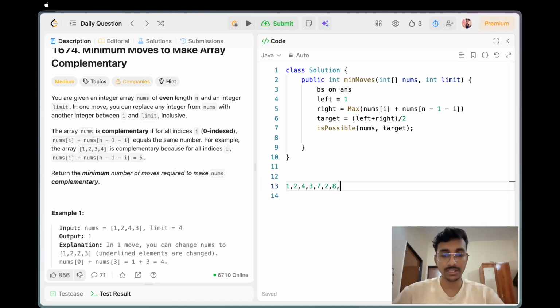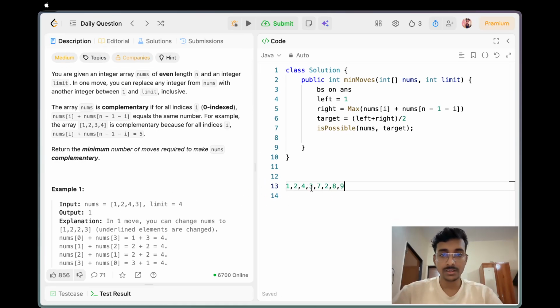So we have to have 9. Okay, then no, wait. Yeah, it's better. So what are the summations? 10, then again 10, then it's 6, and then it's again 10.